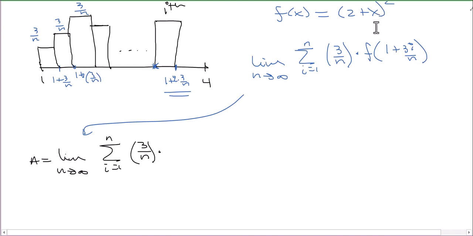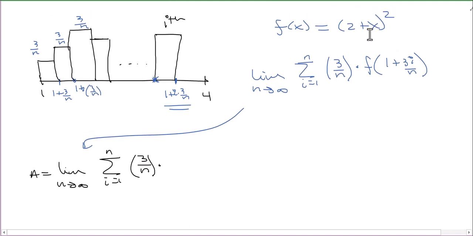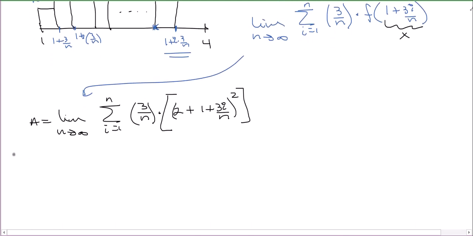Here's my f, 2 plus x quantity squared. So this will be, let's use brackets here, 2 plus x, this is what I'm plugging in for x. So 2 plus 1 plus 3i over n, and then the whole thing is squared. So that's my f of x of i.